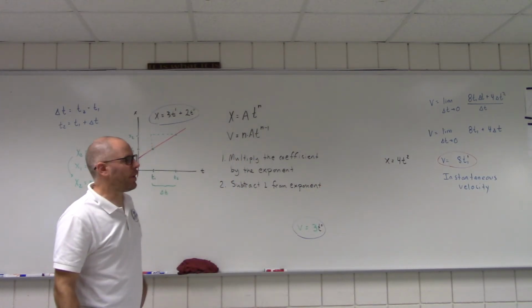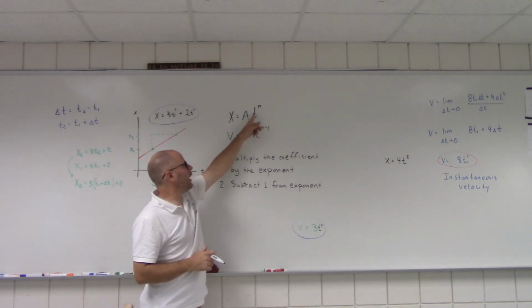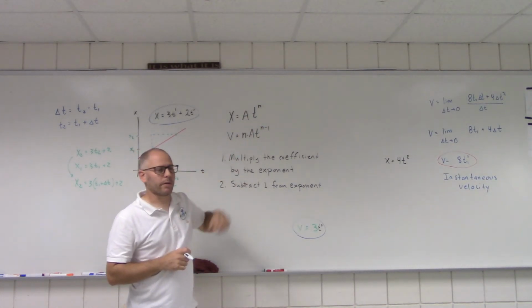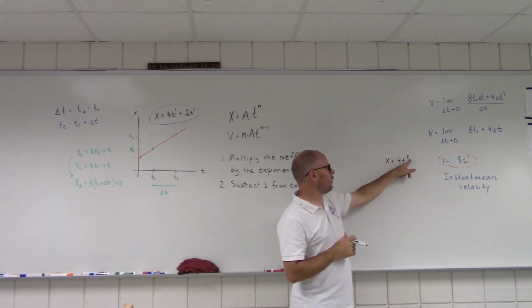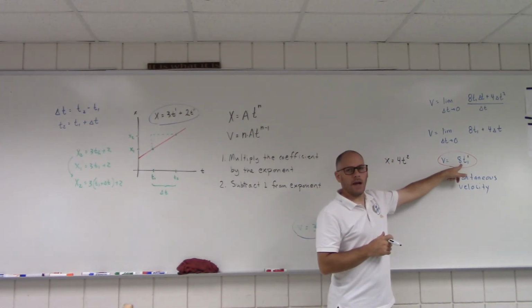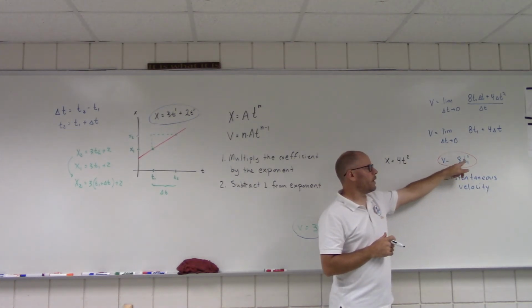Step 1 is multiply the coefficient by the original exponent and then subtract 1 from that original exponent. So let's see if we can do that. Multiply the coefficient by the exponent, 4 times 2 is 8, and then subtract 1, 2 minus 1 is 1.